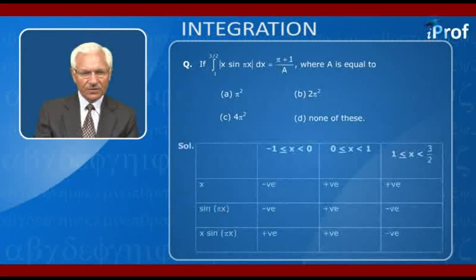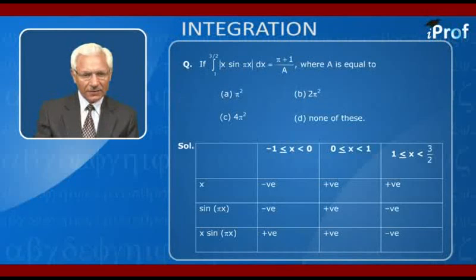Now the ranges we select are minus 1 to 0, 0 to 1, and 1 to 3 by 2. X is negative from minus 1 to 0, positive from 0 to 1, and positive from 1 to 3 by 2.